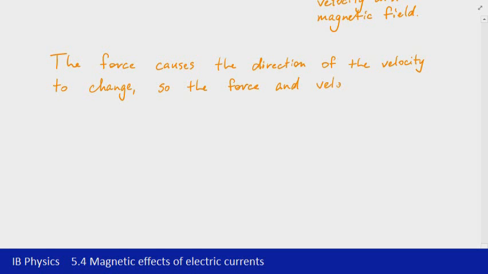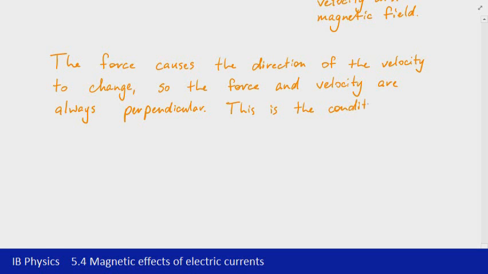And that's because as the velocity starts to change direction, if you wanted to figure out the direction of the force, you would then need to readjust your hand using the right hand palm rule, and as a result the force will always be perpendicular to that direction of the velocity. And this is actually the condition for circular motion.